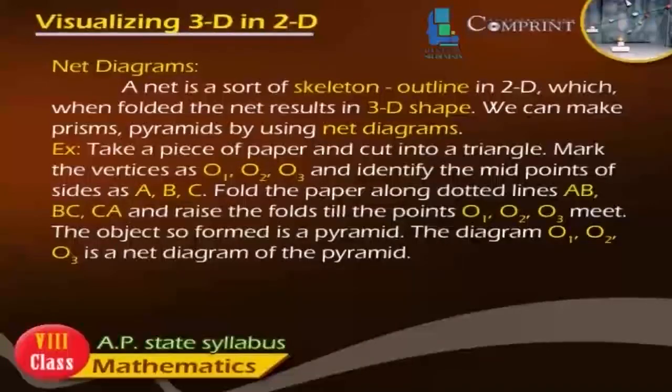Mark the vertices as O1, O2, O3 and identify the midpoints of sides as A, B and C. Fold the paper along dotted lines AB, BC, CA and raise the fold till the points O1, O2, O3 meet. The object so formed is a pyramid. The diagram O1, O2, O3 is a net diagram of the pyramid.